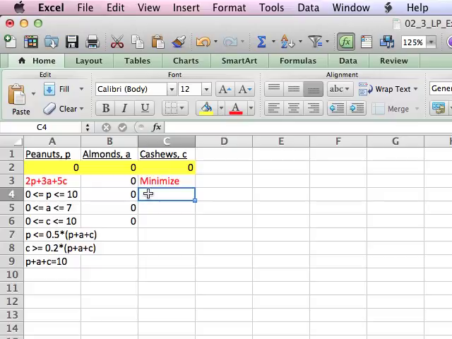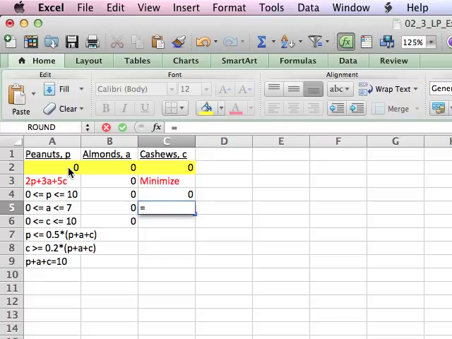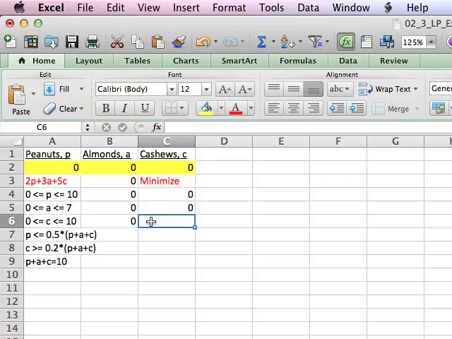And then in column C, well, here I want to reference pounds of peanuts, so I'm going to choose A2. In C5, I want pounds of almonds, so I'm going to do B2. And in C6, I want pounds of cashews, so I'm doing C2.